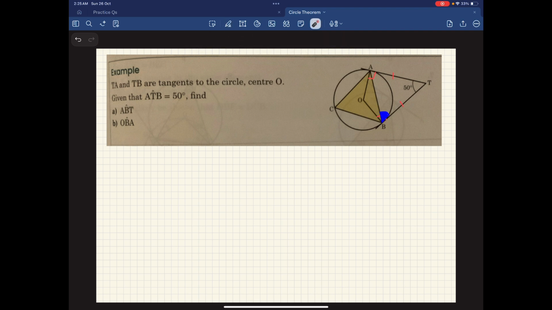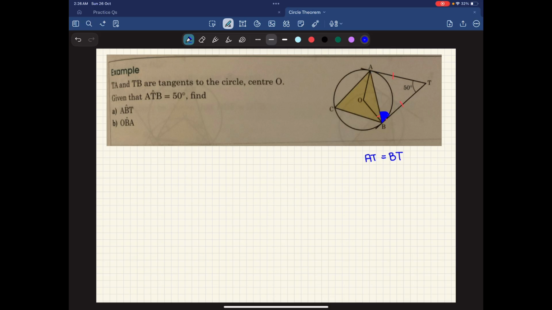So we have the triangle ABT, right? And we know from tangent kite property that AT is equal to BT. So this becomes an isosceles triangle, right? So these two sides are equal. Hence, these two angles will also be equal.